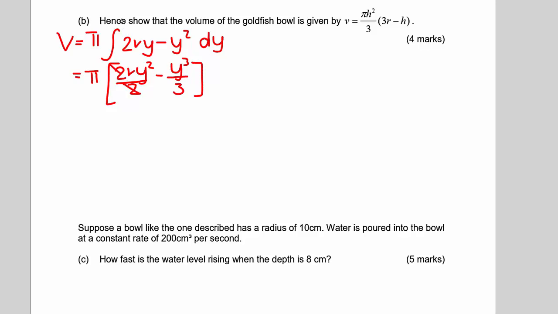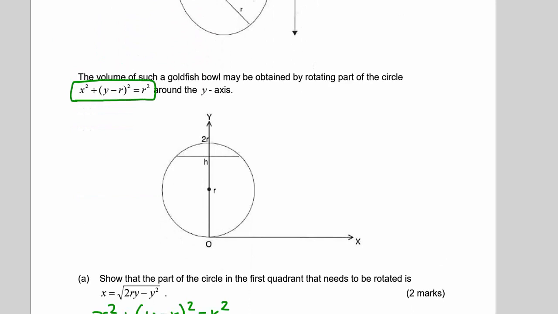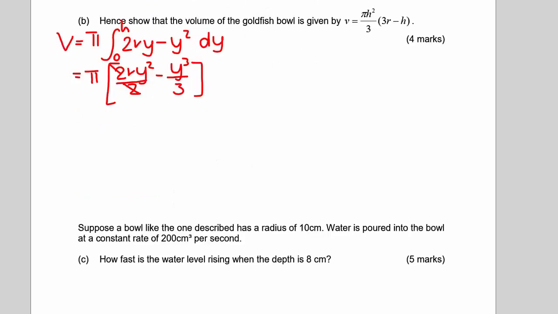I forgot to say that it's between h and 0, because if we quickly look back, our goldfish bowl goes between 0 and h. So h and 0. So that's pi times r h squared take a third h cubed.